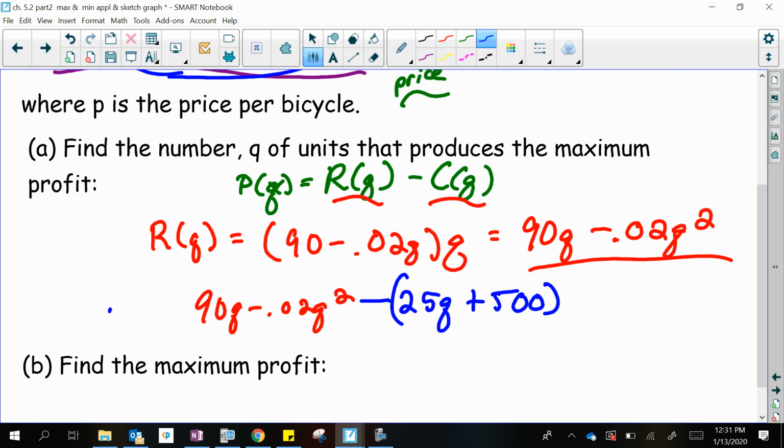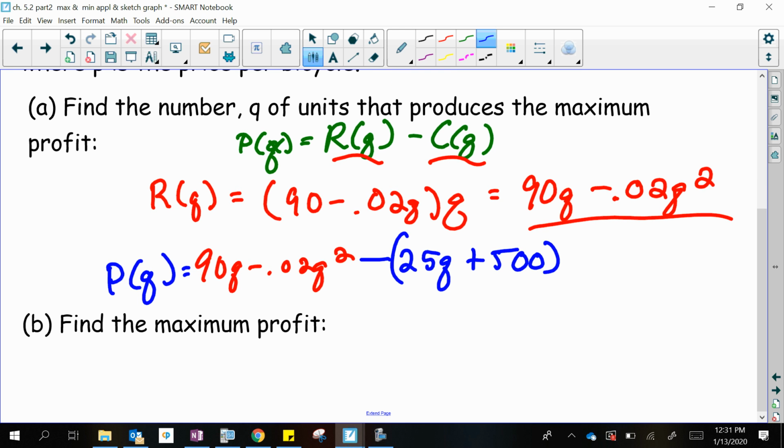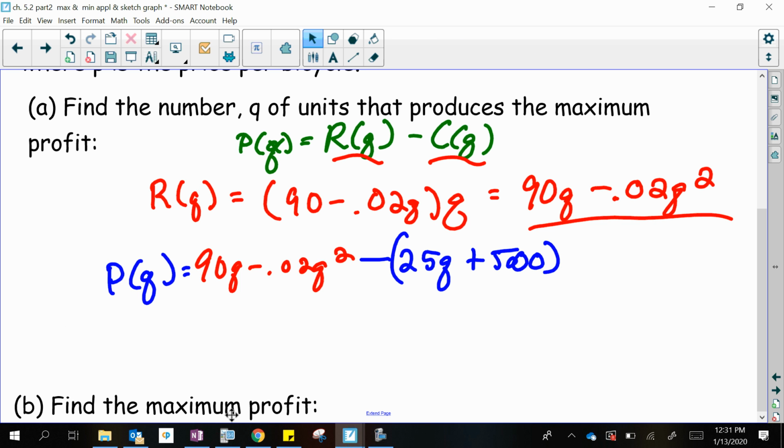Okay, so again, we're trying to build our profit equation. So again, we'll get done with this after lunch, but let's try to get it at least to our profit equation. So what can we combine?